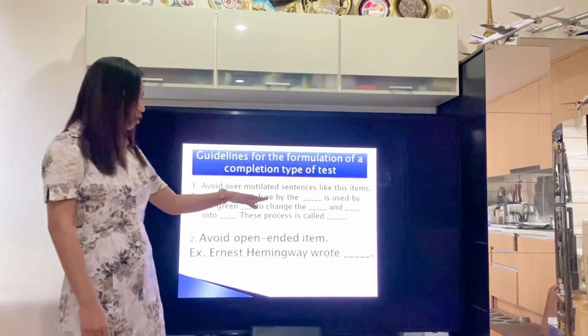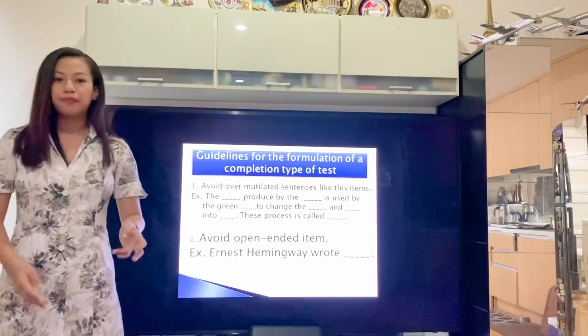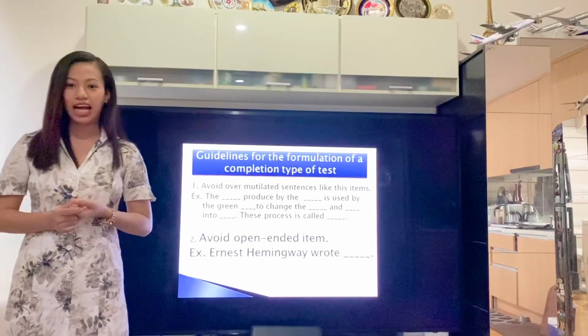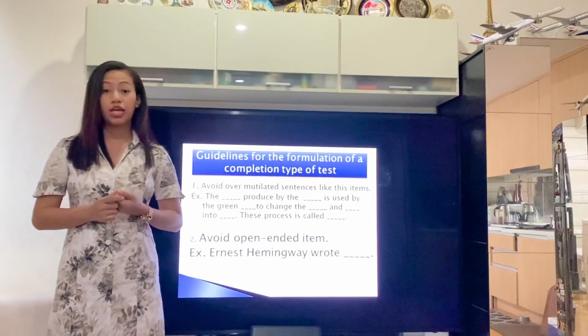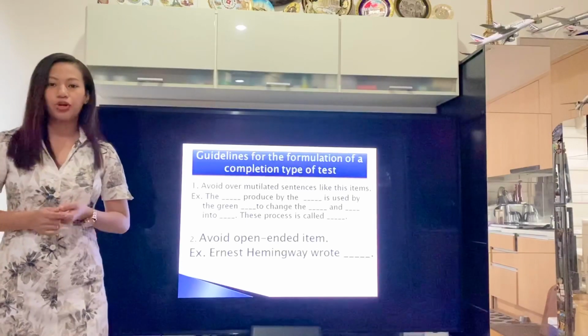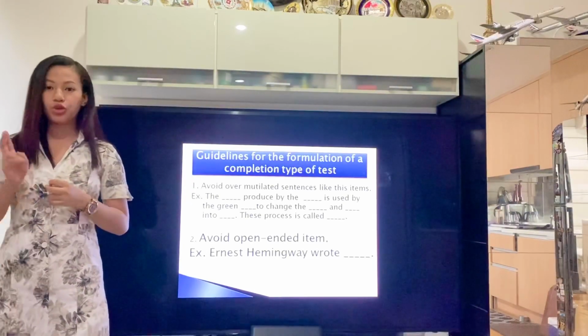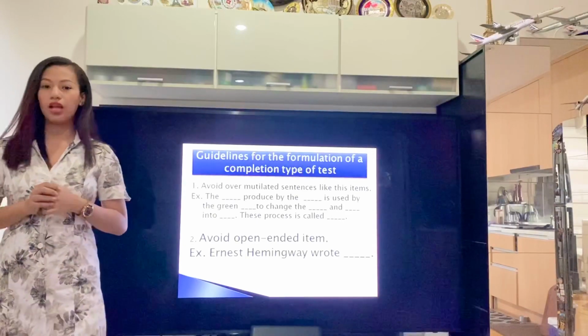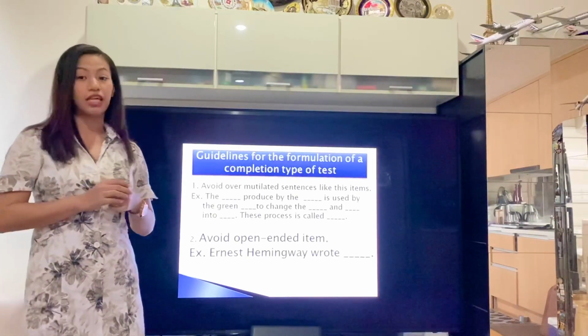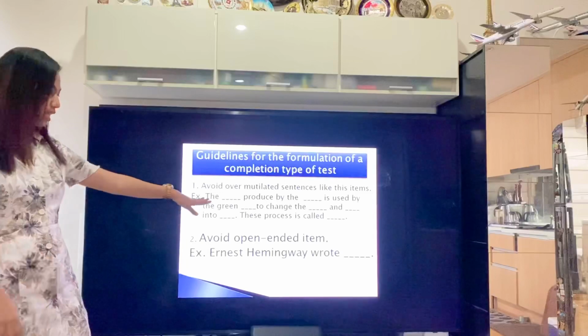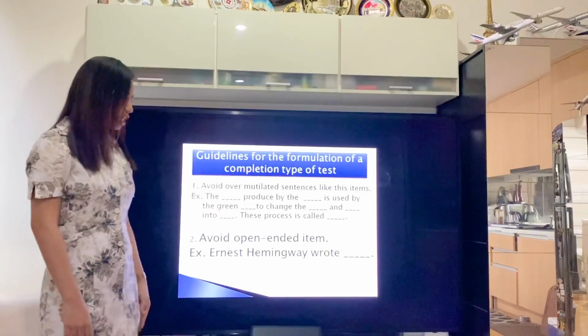This process is called blank. So, lahat na lang siya may blank. Minsan kasi nasa question na yung hint. Kumbaga, context clue. Kung pwedeng 2 blanks lang per sentence or yung importanteng terms lang yung ilagay nyo. Hindi katulad nito, madami siyang blanks.